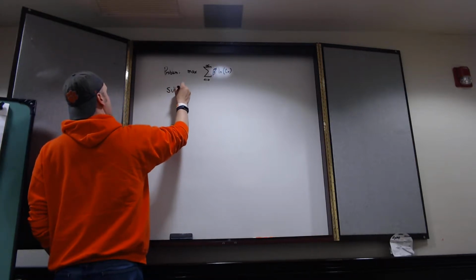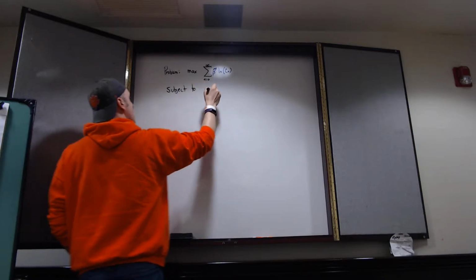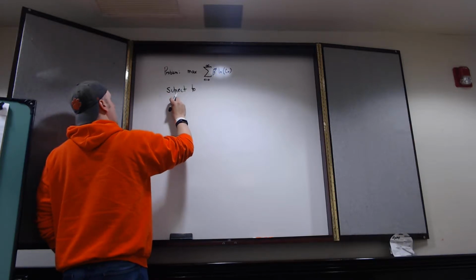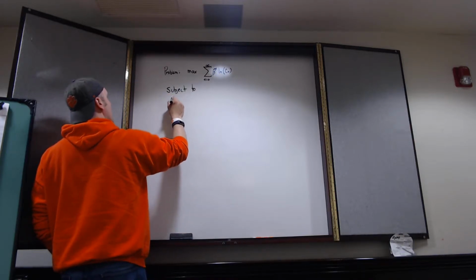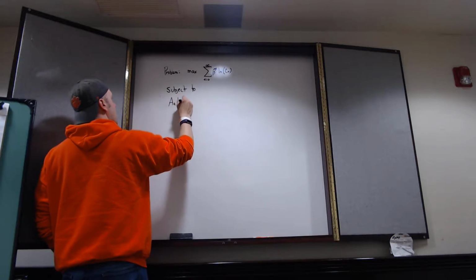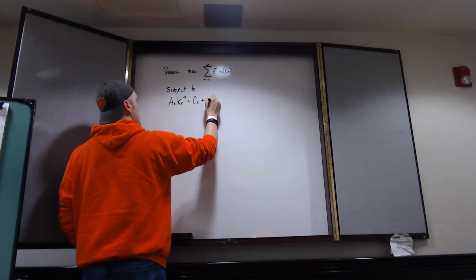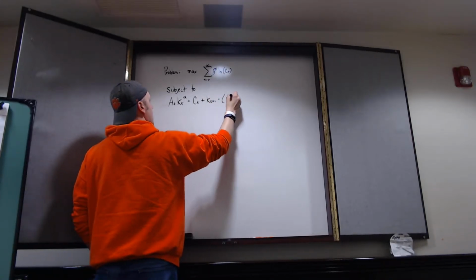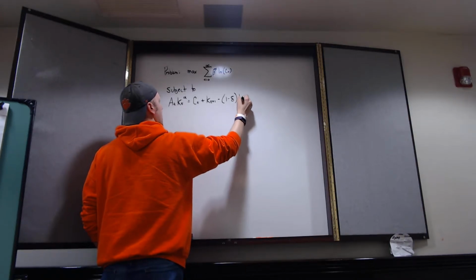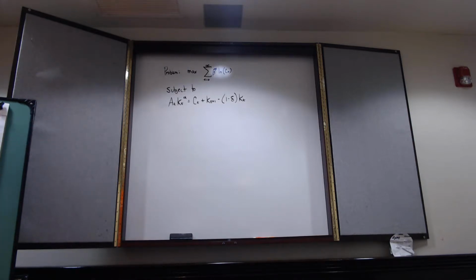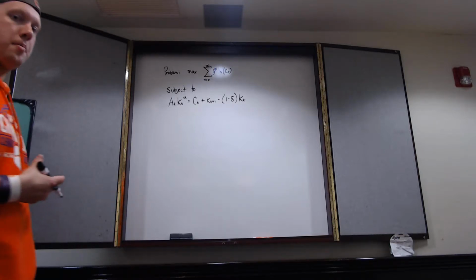And I'm going to maximize that subject to A times K_t to the alpha equals C_t plus K_t+1 minus delta K_t. This is the constraint that we've got so far.